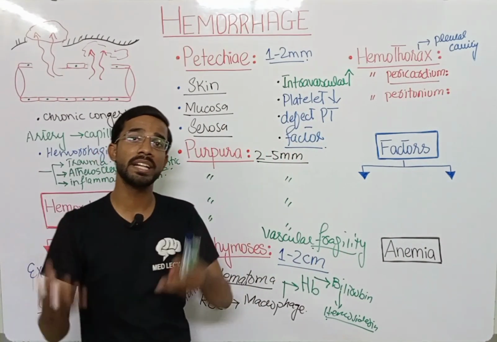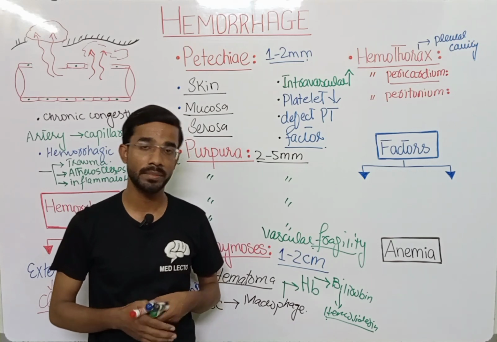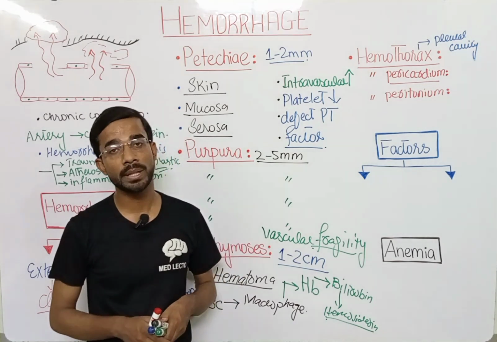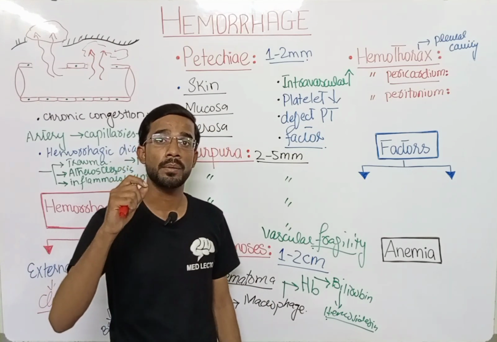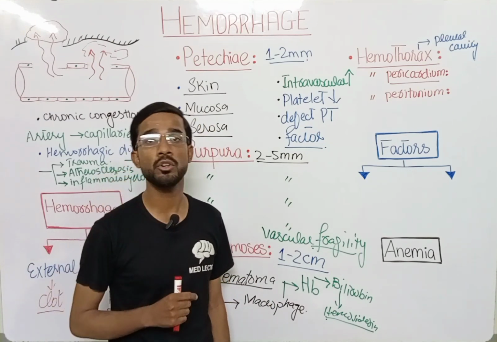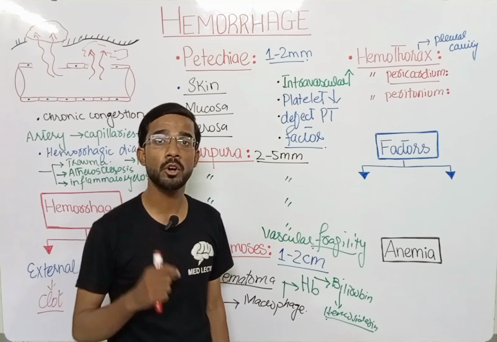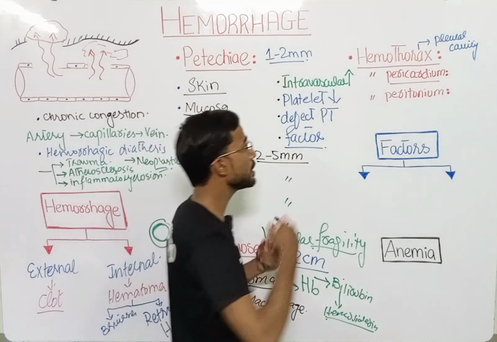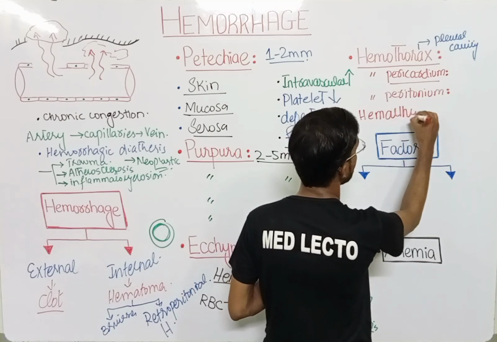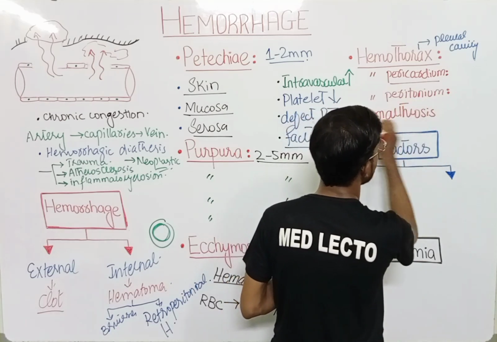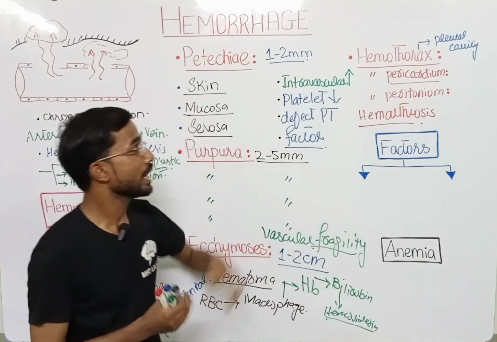When the blood accumulates in the peritoneal cavity, that is actually around the abdomen. And when you will see the amount of blood or hematoma in the joints, then you will see hemarthrosis.